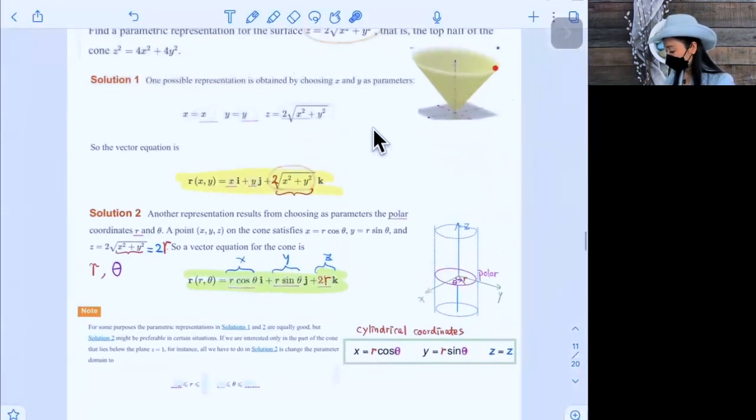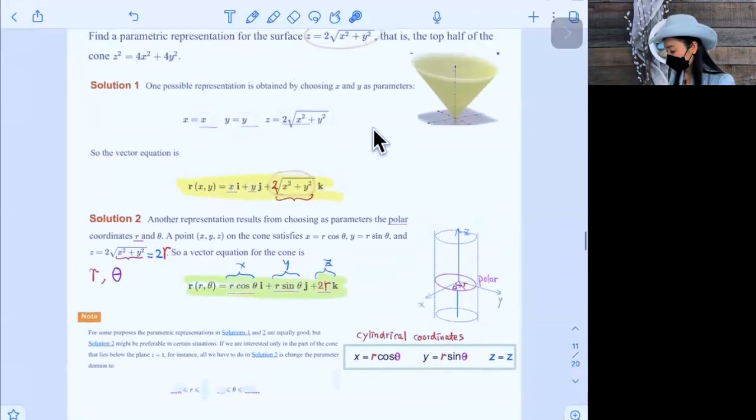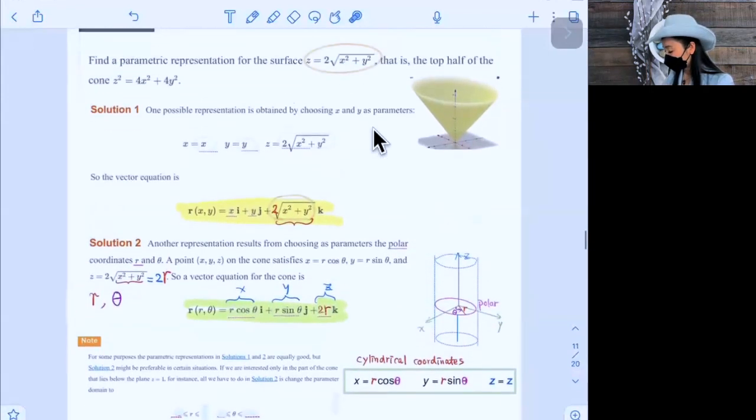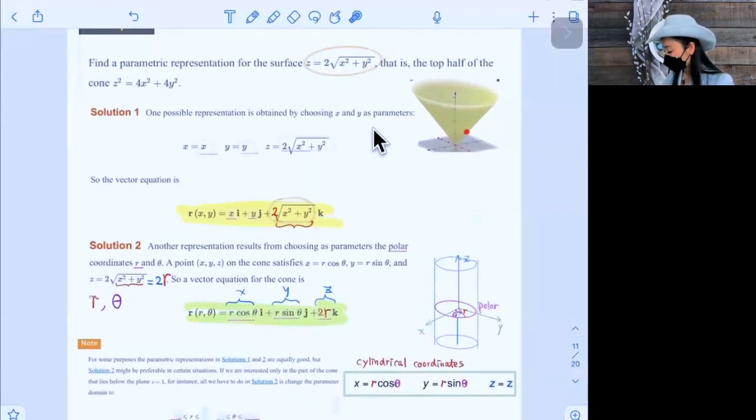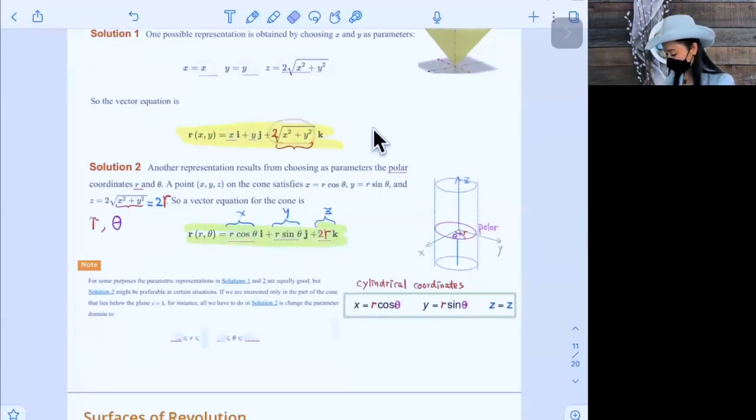So say z is equal to 1, this plane over here. R is between 0 over here, and then all the way to what? I think it should be 1. Let me see.